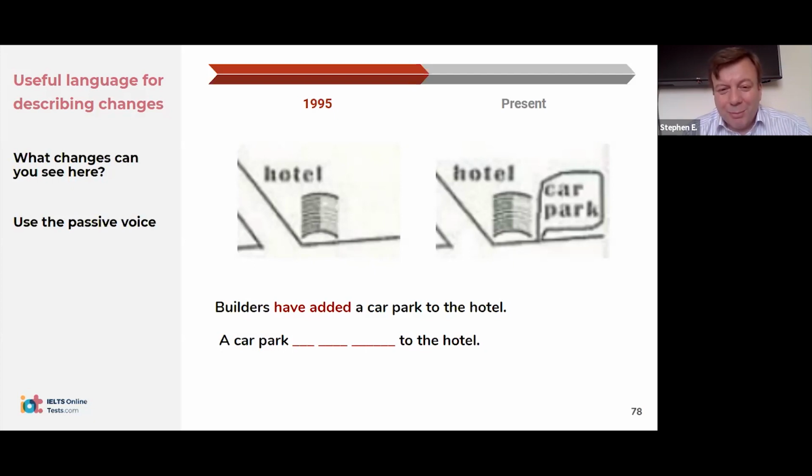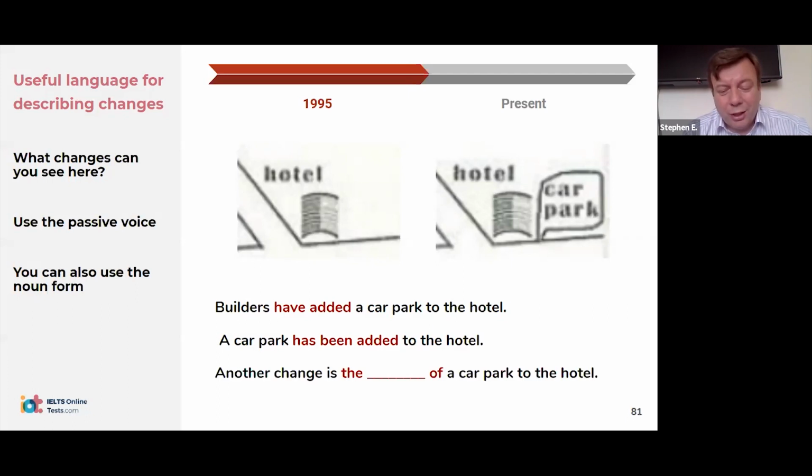So let's have a look at the passive then. Has been added. Okay, good. Yeah, Suzanne, good. Very good. Okay, good. So we can also use the noun form. Another change is the of a car park.